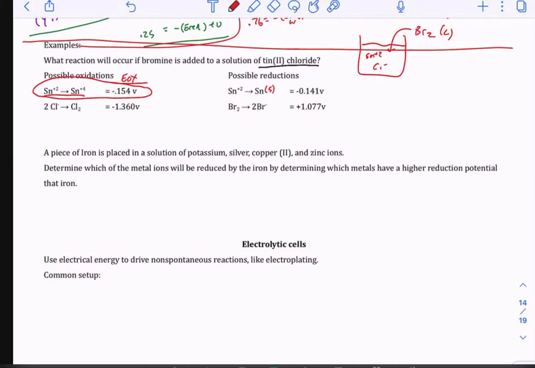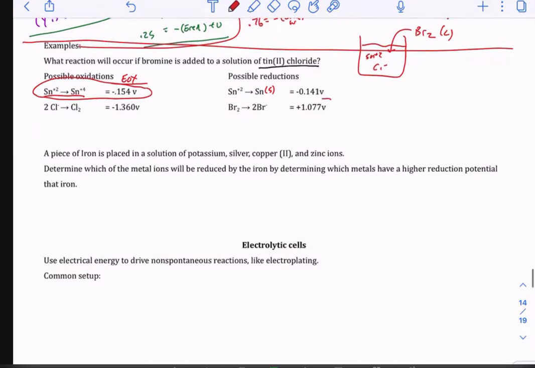Now, clearly between these two, the positive reduction potential is the greater reduction potential, so that's the reduction that's going to take place. So by simply listing what can be oxidized, what can be reduced, and picking the highest of each category, that tells you what's going to happen.